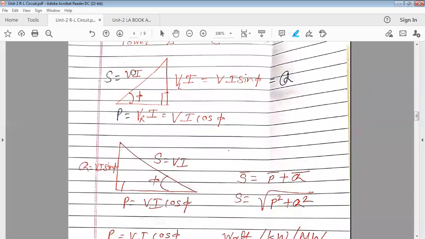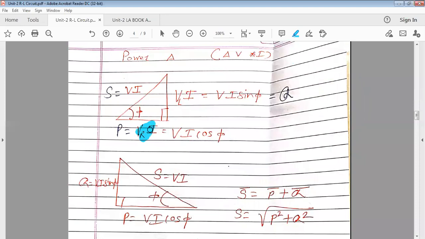So see here, VR into I, VL into I, and V into I. Multiply every side of voltage triangle by current, you will get this one. Now put here value of VR as V cos phi, so you will get VI cos phi along positive real axis. Put here VL as V sin phi, so you will get along this VI sin phi. And this is VI. Okay. So whatever we got along positive real axis, this is called the power triangle. Its mirror image, see lower one. Its mirror image also, any of it you can draw, consider upper one or lower one, both are correct.